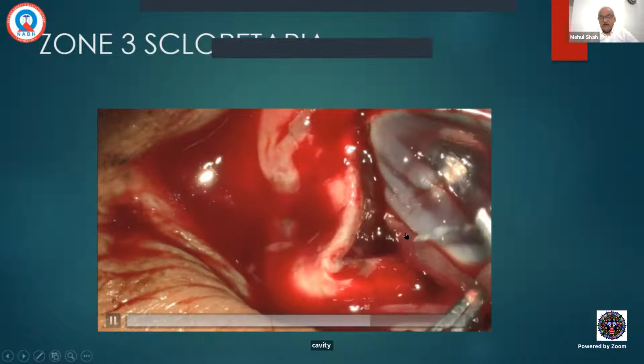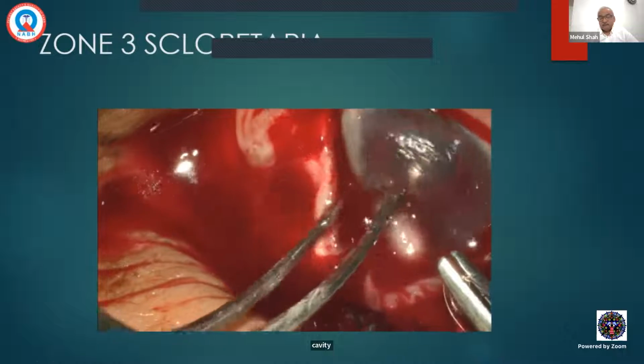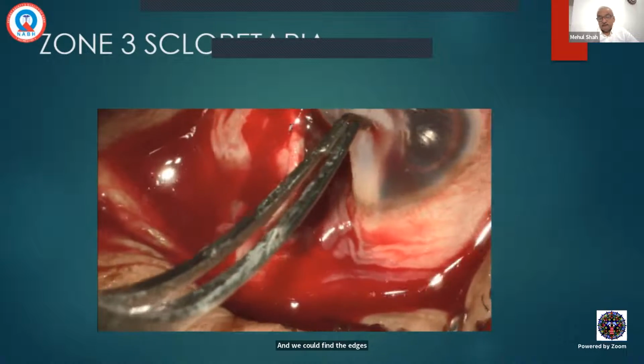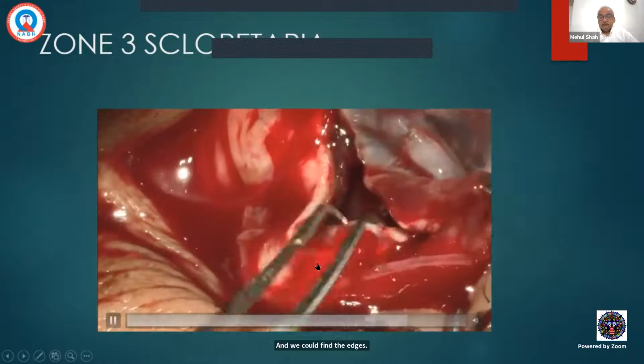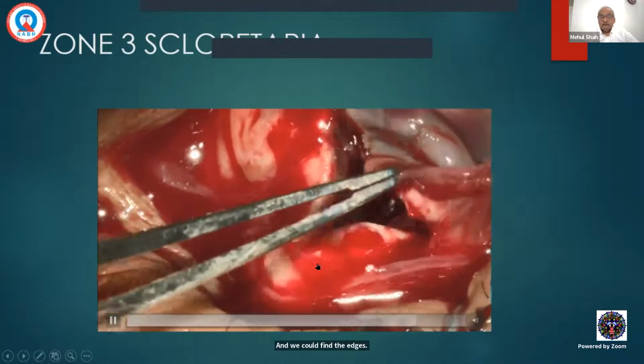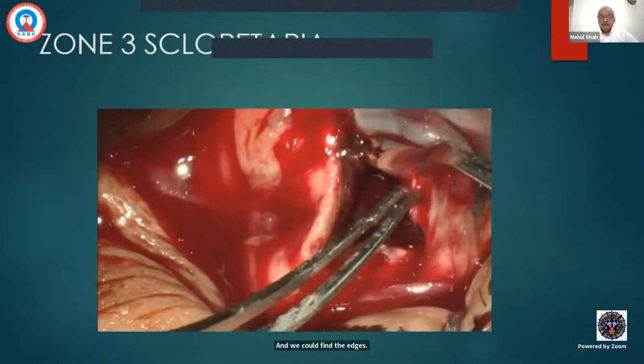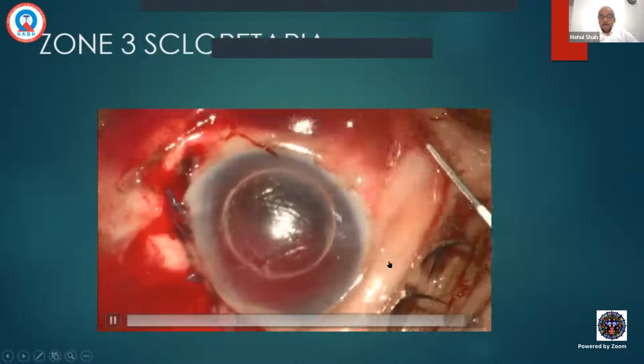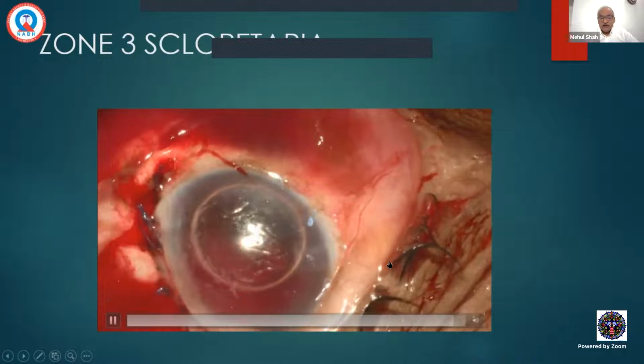Then we could find the edges. We repaired this, and this was the end stage.